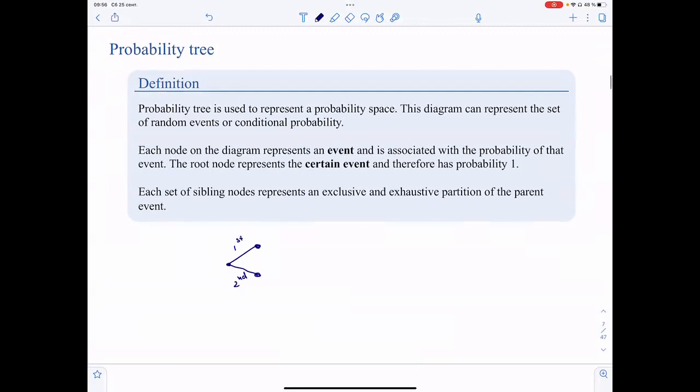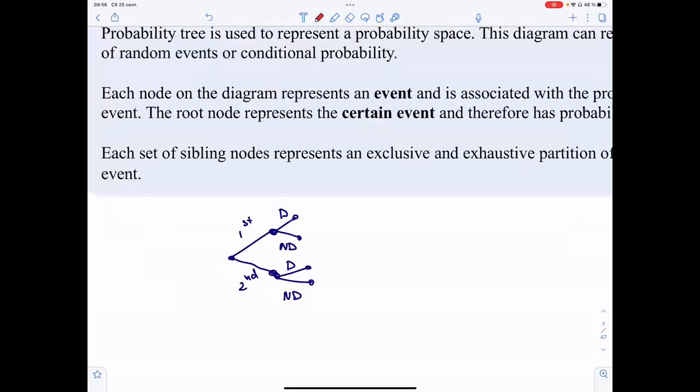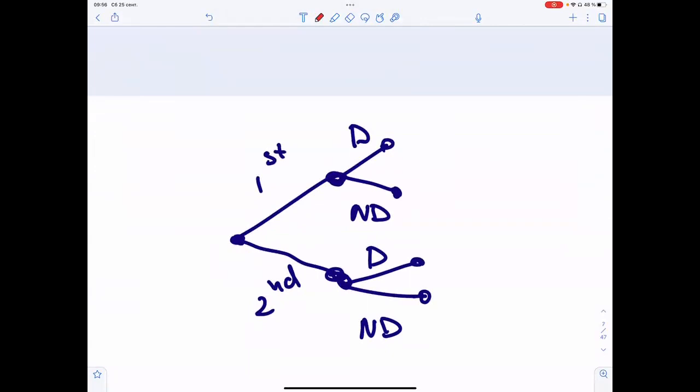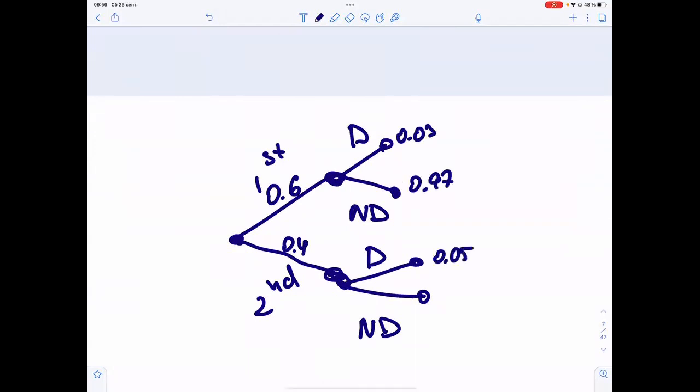Then each of these machines may produce a defected and a not defected detail. And if I need, I may write the probabilities of every one of these edges. So here we have 60%, here 40, here we have 3%, here 97, here 0.5%, and here 95%.